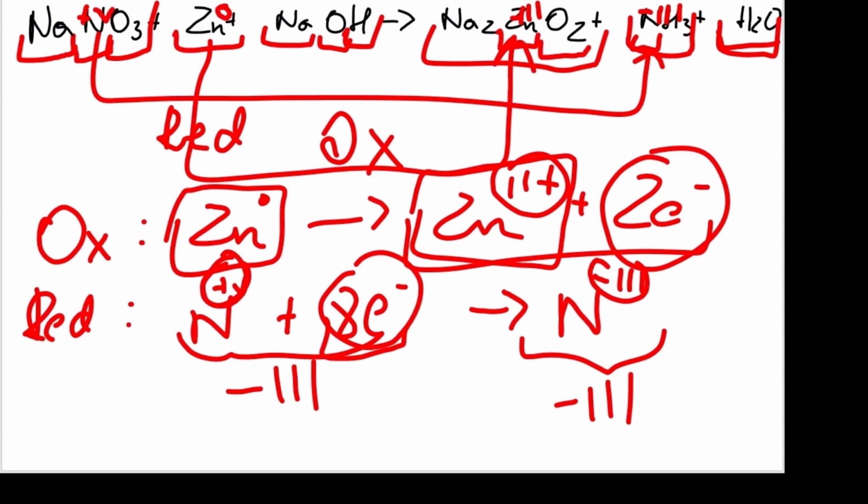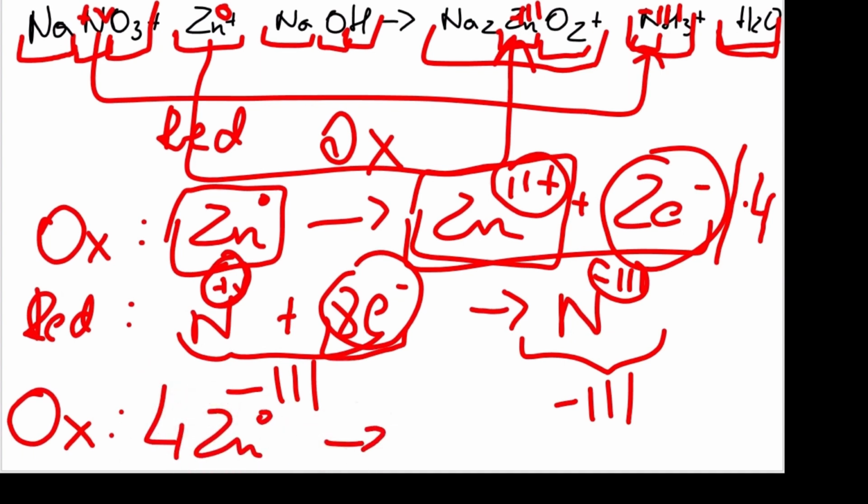These 8 electrons could be provided by 4 atoms of metallic zinc. So we need to multiply the oxidation reaction by 4, and we will obtain 4 zinc atoms with oxidation state +2, and of course 8 electrons.